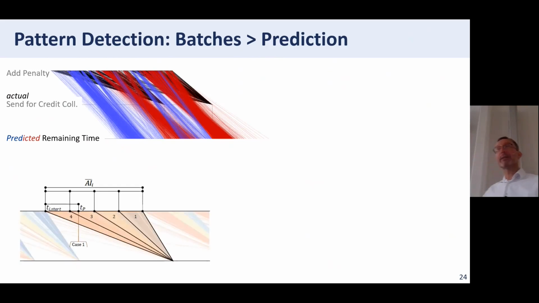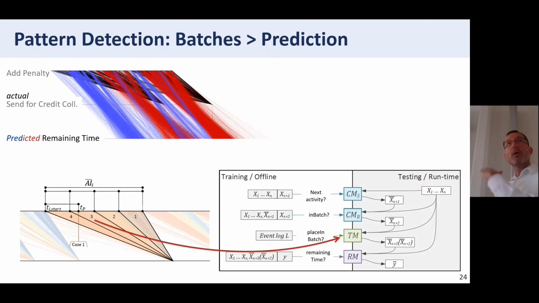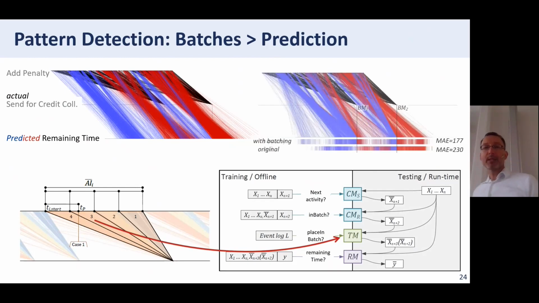So what you can do is identify these batches, then, which is a bit more difficult, locate in which part of the batch a case is. So you can estimate how much time it's going to be until it reaches the batching point. And if you add this into a longer feature extraction pipeline for a remaining time predictor, then things improve.